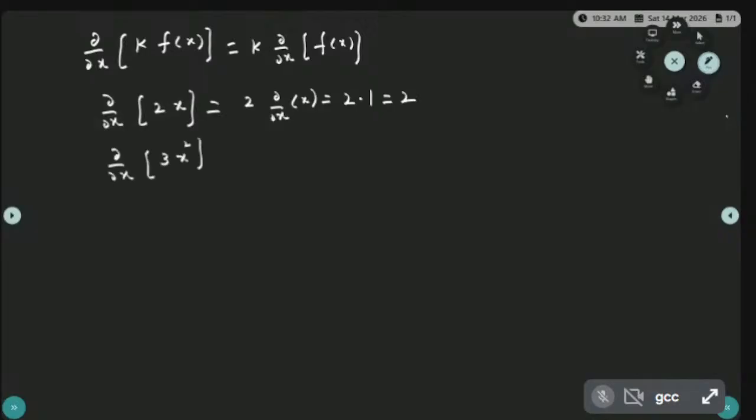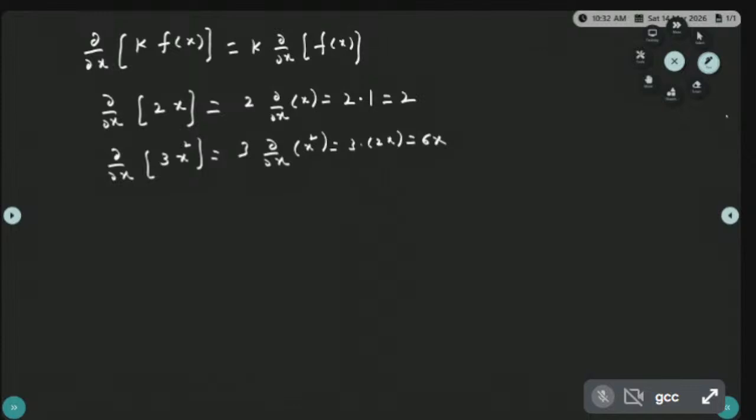Now, same speed, same spirit. Dou by dou x of 3x square. What is outside? 3 outside. 3 into dou by dou x of x square. 3 into 2x. Why is 3 outside? Because 3 is constant.